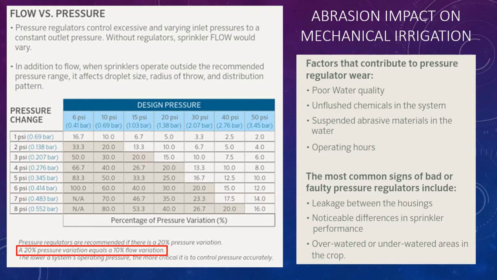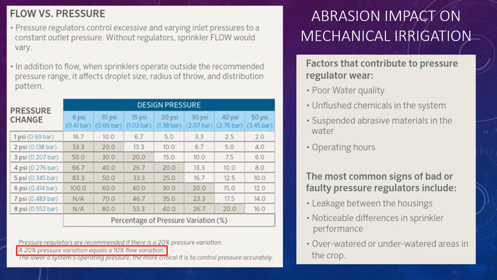we've abraded the inside of the nozzle and the pressure regulator, but also you've got those very small particles that could easily migrate into areas that cause friction and sticking of pressure regulators, either open or closed or partially in either direction. They affect not only the droplet size, but the radius of flow and the distribution of the pattern.